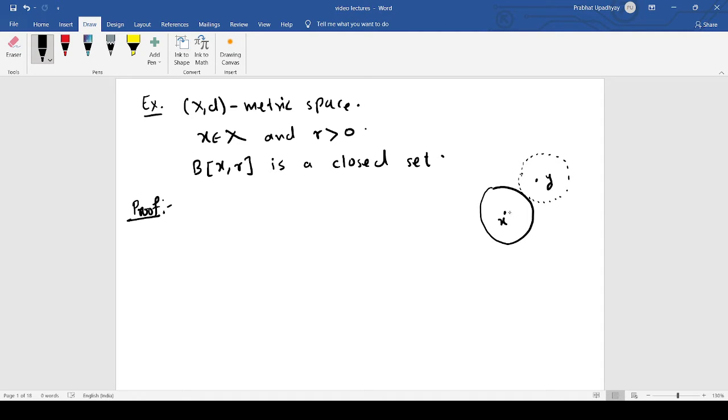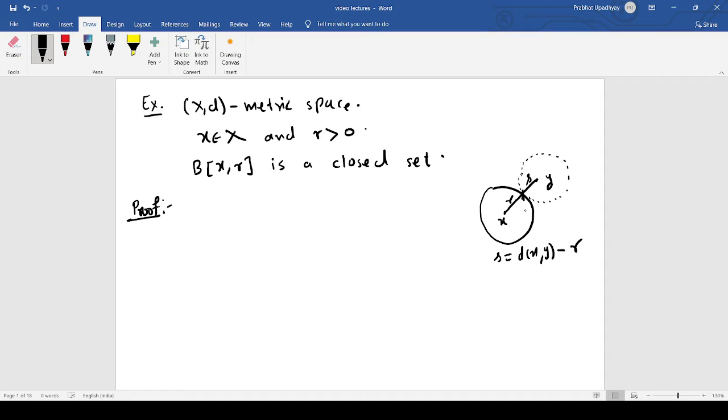If I analyze this distance between x and y, from x till here, this distance is my radius r. And then this remaining distance, say I denote it by s. So my s is equal to the distance between x and y minus the radius of my closed ball, that is r.